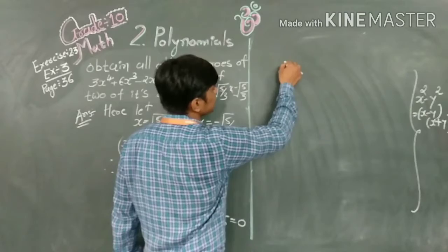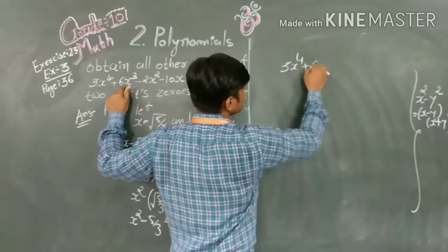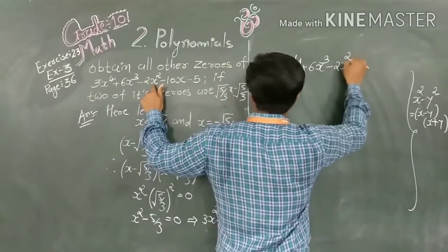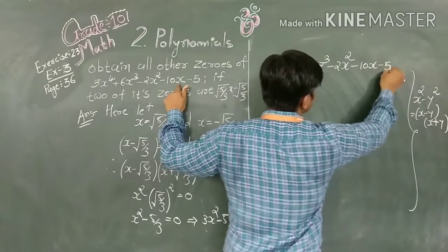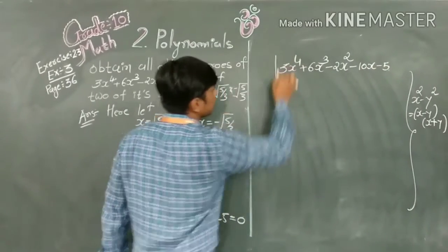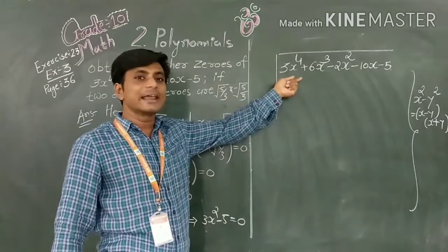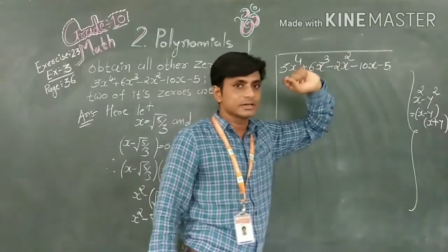First of all, 3x raised to 4 plus 6x cubed minus 2x square minus 10x minus 5. Okay, divide. Here this polynomial is already arranged in index form. Look, 4, 3, 2, 1 and the constant term.